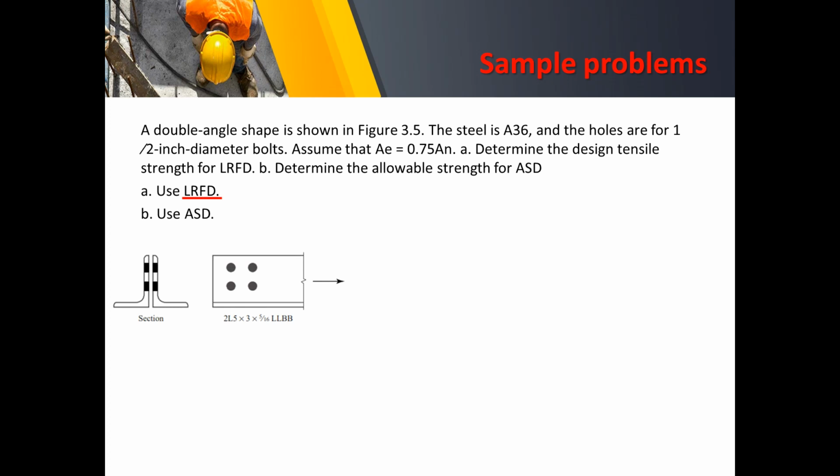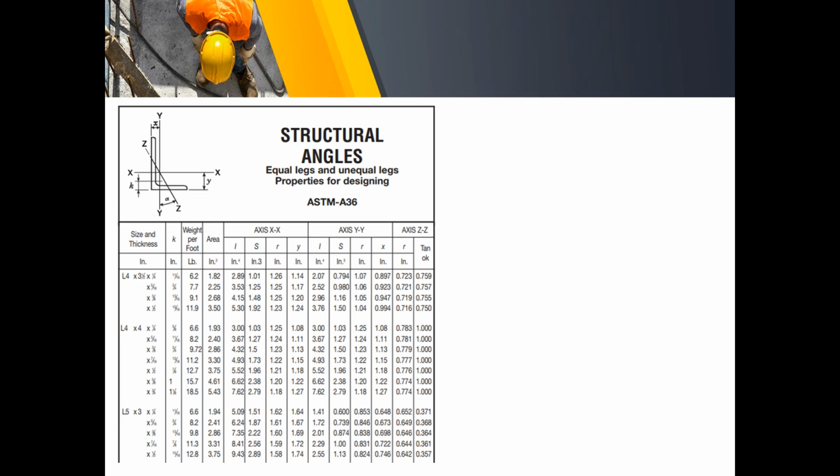So this is the cross section. This will now be an example of the built up section. We have here the double angle, denoted by 2L5 by 3 by 5/16 LLBB. In here, we refer to the table once again.